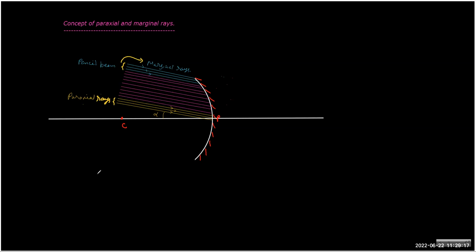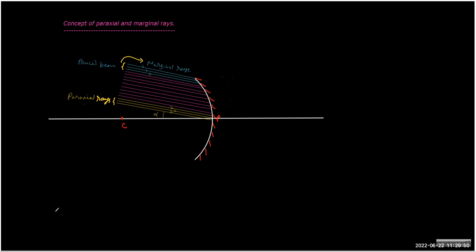The rest in between we don't care. What its name is, what it should be, it really doesn't matter. Now the derivations of geometrical optics that you have seen so far in high school, in class 10, those were derived for the paraxial rays, not for the marginal rays.